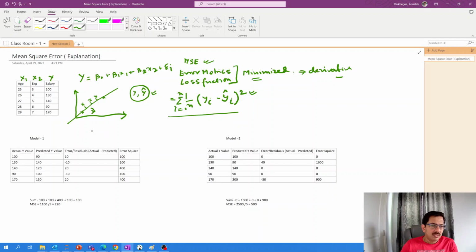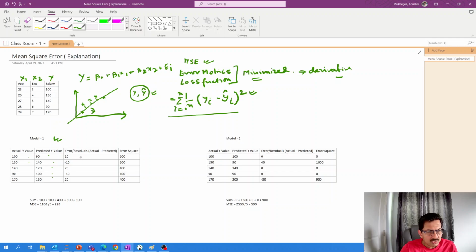Let's take a couple of examples. The first one is model one, where the actual values are 100, 130, 140, 90, 170. The model gave the predictions 90, 140, 120, 100, and 150.